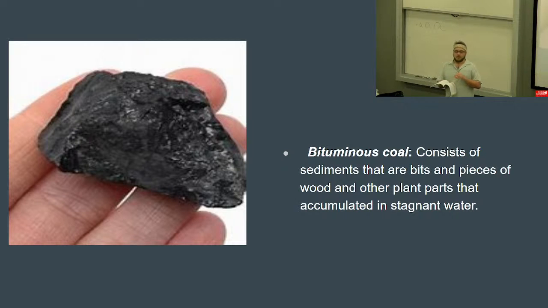When they fall into the water, it does not have enough oxygen to support microbial life, so the microbes aren't able to break down the old wood, and it just sits there for a while. Eventually, more sediments pile up on top, and some of the other minerals and parts of the wood deteriorate away and leave behind carbon. And that is how the sedimentary rock bituminous coal is formed.